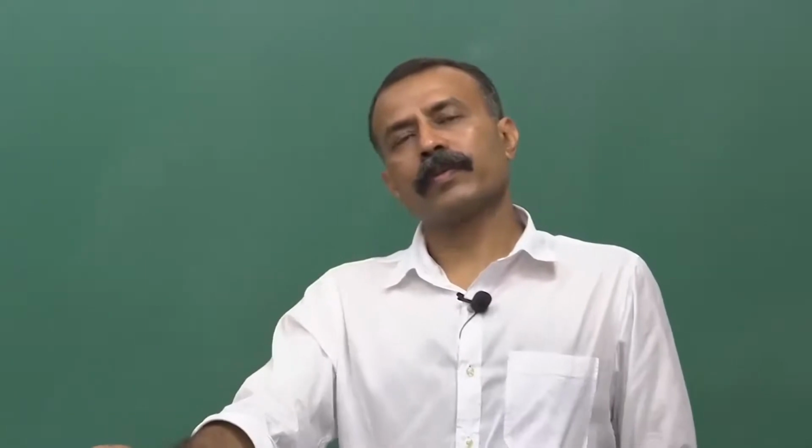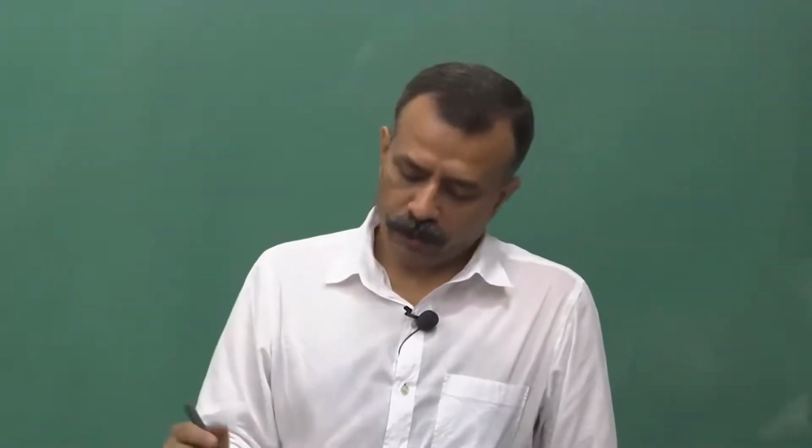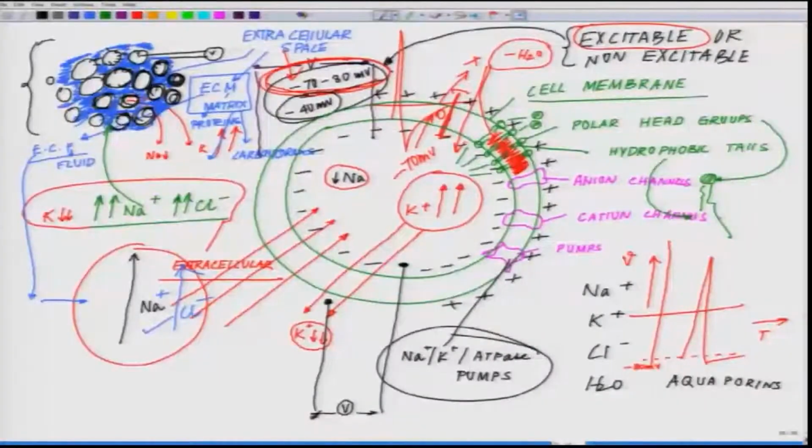Across its membrane, it can store charges. So now if you go back to the previous diagram, each one of these individual cells you can treat as capacitor membranes.